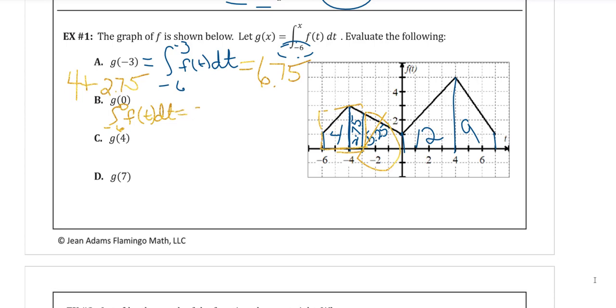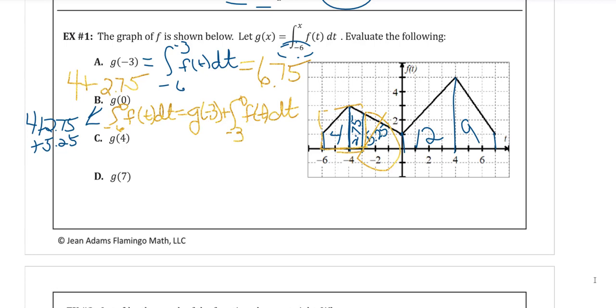So you can take g of negative 3 plus the integral from negative 3 to 0 of f of t dt. And we're going to talk more about that as we go along. And so the value for g of 0, I'm going to have the 4 we already had plus the 2.75. And now I'm going to add to that the 5.25.